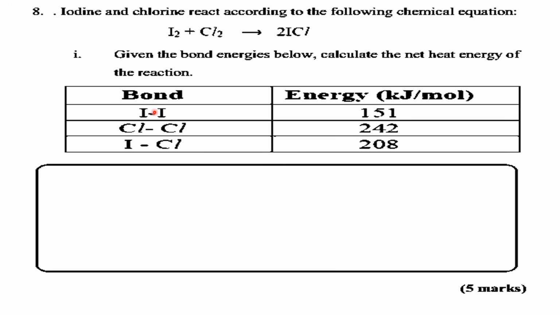So for us to break a bond between the iodine atoms, 151 kilojoules of energy must be absorbed. To break the bond between the two chlorine atoms, 242 kilojoules of energy need to be absorbed.